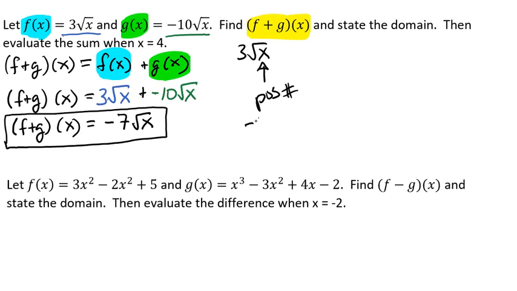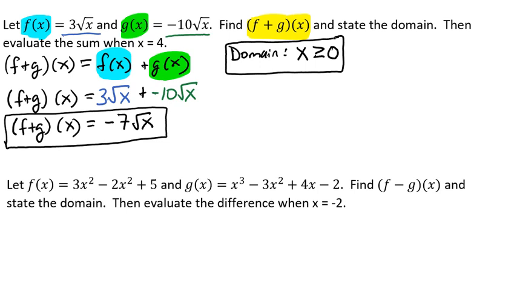And if we look at negative 10 times the square root of x, which is our g of x, we can only have positive numbers here as well. So that's going to tell us that our domain is going to be all numbers such that x is greater than or equal to 0. And so there is our domain.